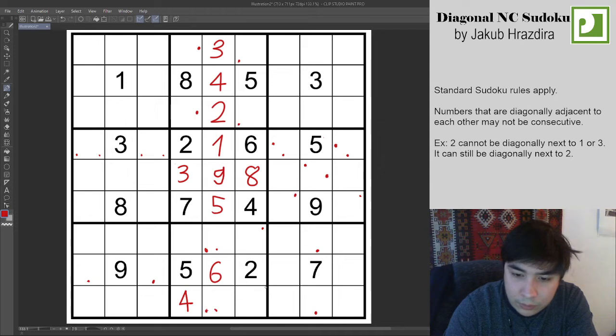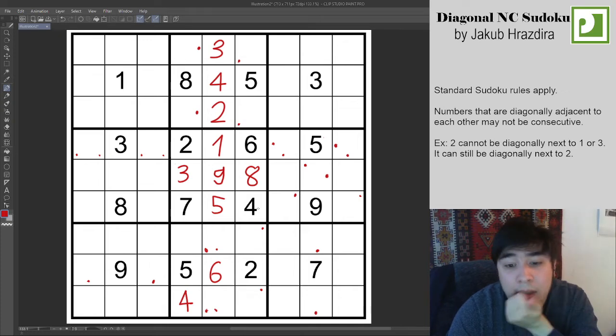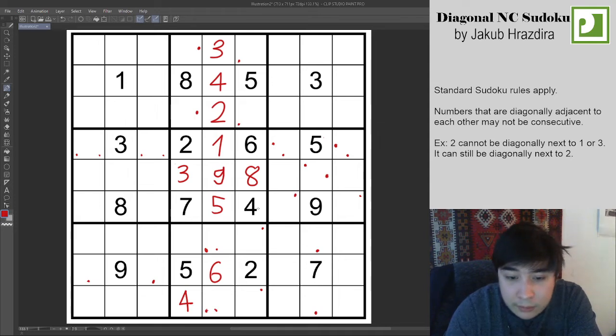This 3 is pushed into this column here, but 1 and 9 can still alternate between the right and the left. I think we've done all we can in the center column now. So what have we got on the sides?